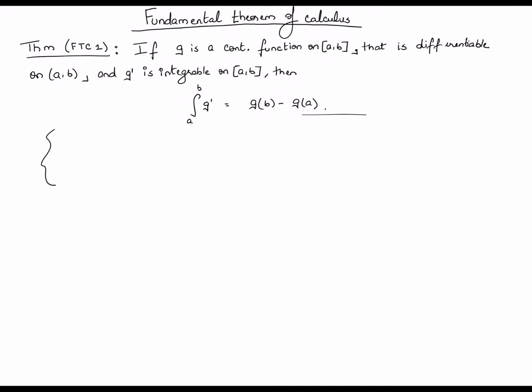Well, the convention here is that if you have a function h which is defined on the open interval (a, b), we say that it is integrable on the closed interval [a, b] if some extension of h over the closed interval is integrable.